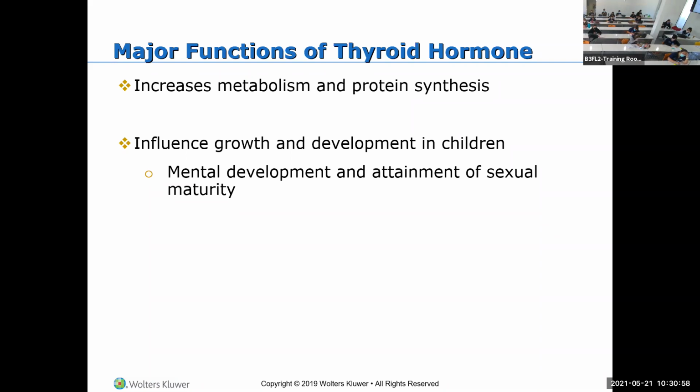Mental development and attainment of sexual maturity is the third one. Make sure to add all those information. And also I said, it regulates my basal metabolic rate, regulated by T3, T4, or I can say thyroid hormone.